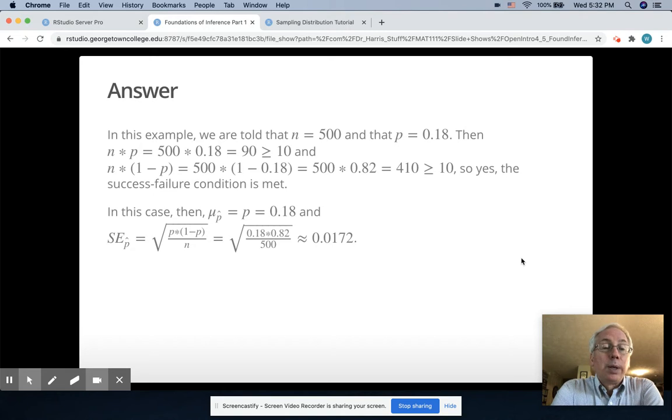And so the center of the distribution will be the population proportion, 0.18. So the mean is 0.18, and the standard error then would be the square root of 0.18 times 1 minus 0.18 over 500, which turns out to be about 0.0172. So the success failure condition is checked.